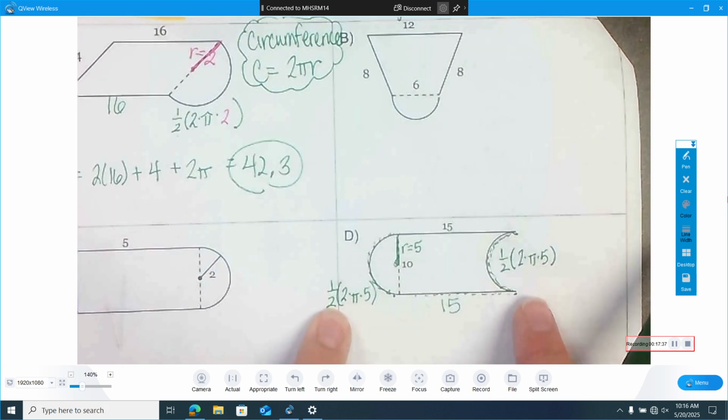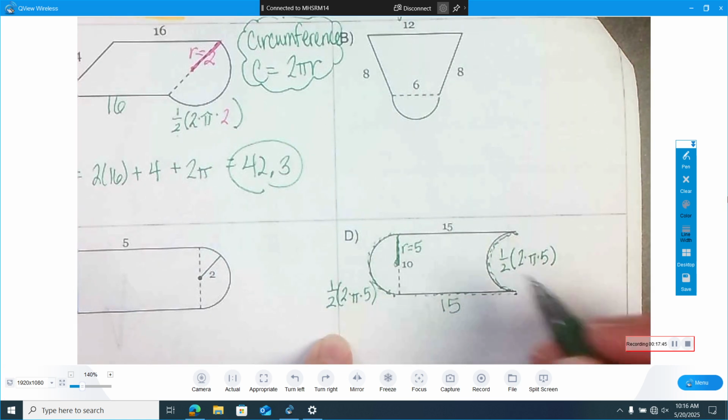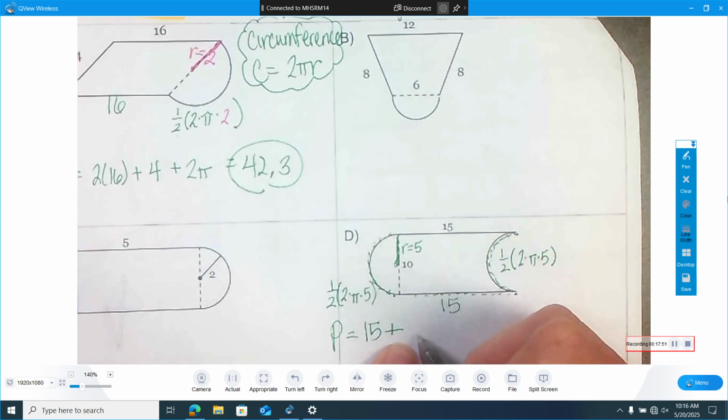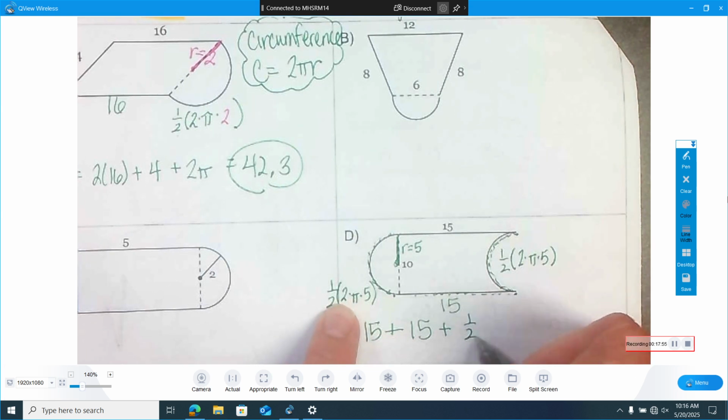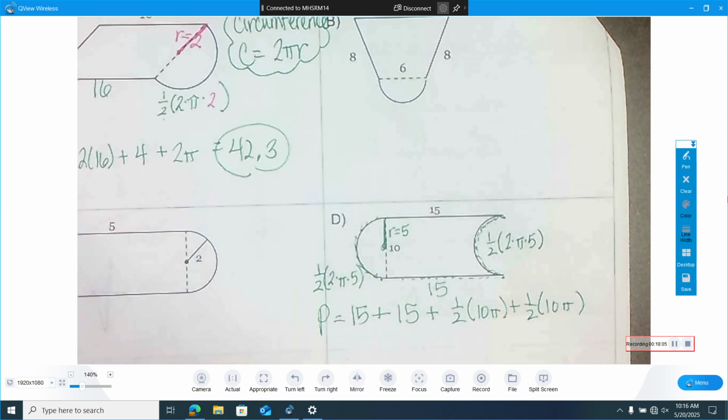If you take half circumference and half circumference, what is that? It's the whole entire circumference, okay? So we have 15, perimeter equals 15, plus another 15, and we have that half circumference, which I'm just going to write 10 pi, and another half of circumference, but that's just really whole circumference, right?